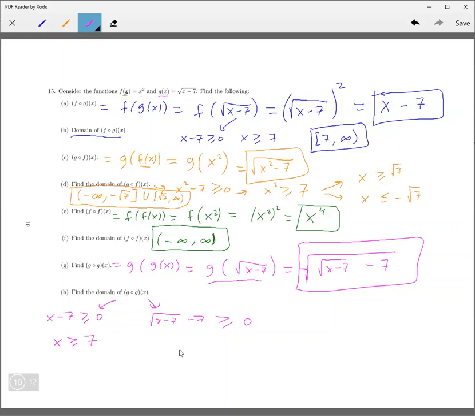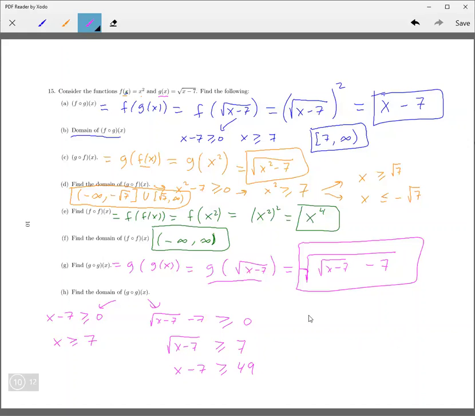You can pull this 7 over to the side, like that. You can actually square both sides in this case. Generally, you have to be very careful about squaring both sides of an inequality, because that could flip it, or you could be in a situation where you don't know what it does.